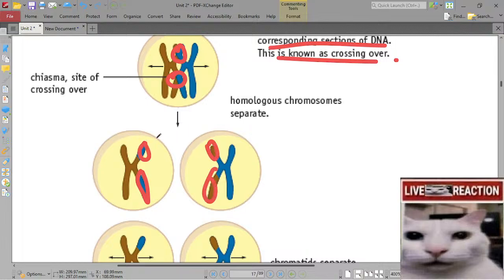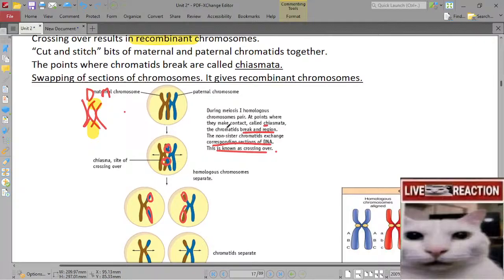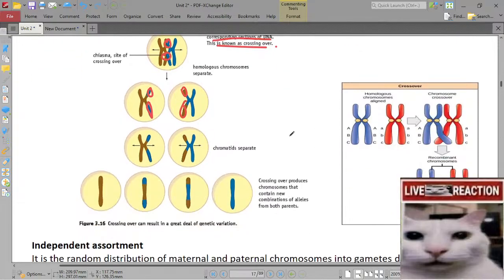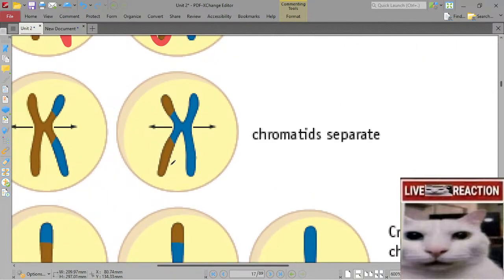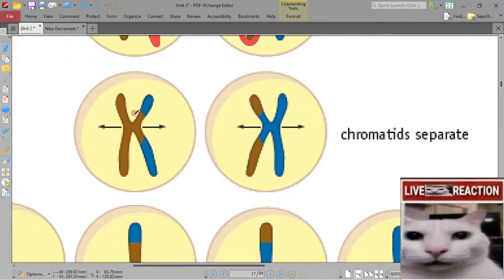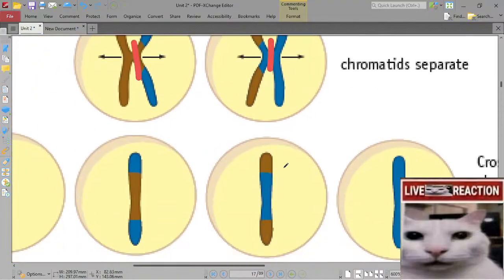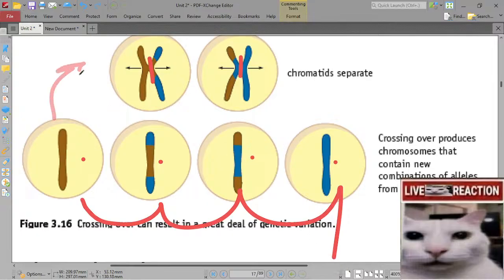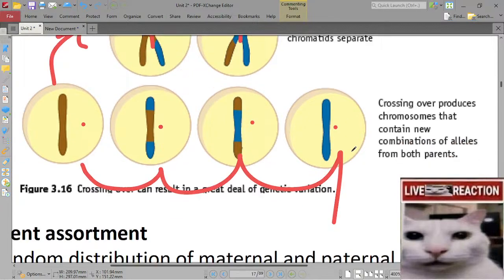They cut and stitch bits of maternal and paternal chromatids together, or the genetic information. So that when they separate and break apart, you can see that over here you have one pure, one kind of different, one kind of different. All of these are different, right? None of these are the same, and none of these are the same as the original parent either.